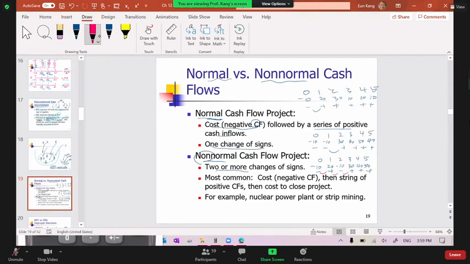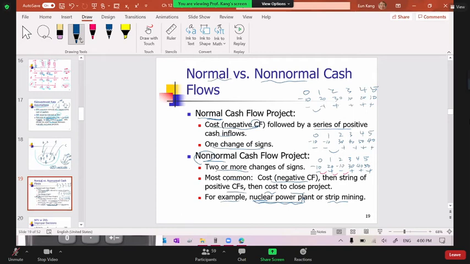So the most common thing is cost, then a string of positive cash flows, then a cost to close the project. For example, a nuclear power plant or strip mining. Nuclear power plant, first you have to invest as a negative cash flow. Then you generate electricity and you generate income, positive cash flows.